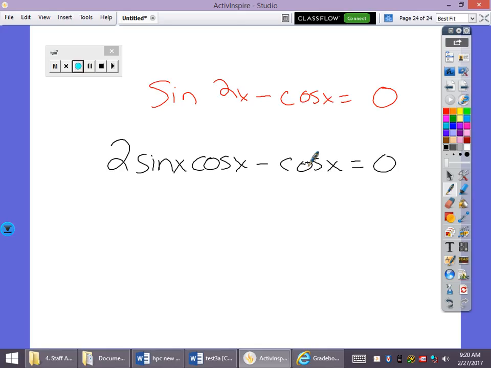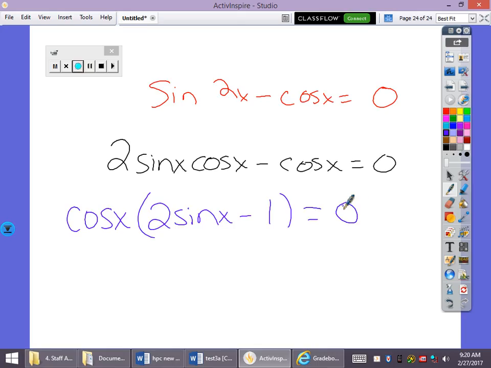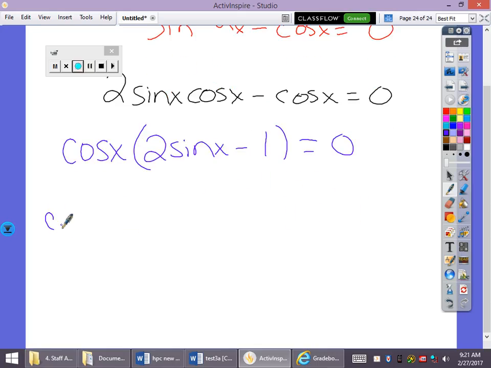And I don't have that, do I? Do I have a GCF? What is my GCF? Cosine x, which leaves me with 2 sine x minus 1 equals 0. I have my two factors. Cosine x equals 0. 2 sine x minus 1 equals 0.